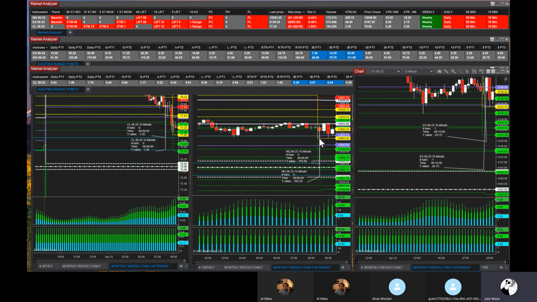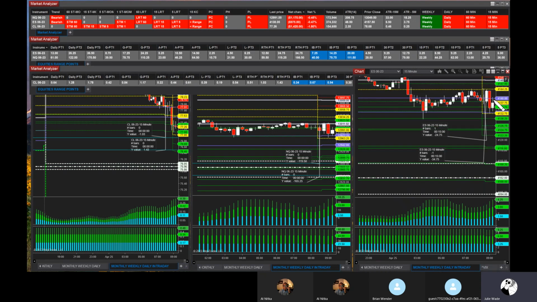So we're at this resistance support, 1 hour IB. Haven't been able to break that at the moment. So let me go back to the market analyzer and get the PT1 for the RTH 1250. And let's look at this real quickly.